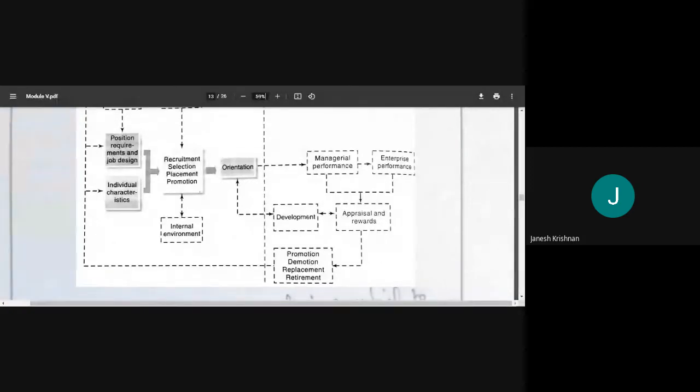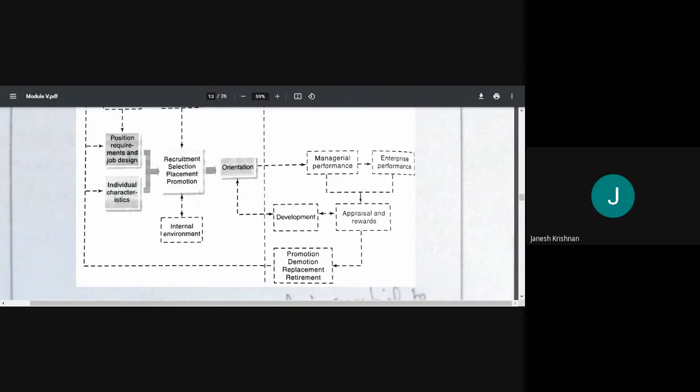Whenever we are choosing for a job, we need to consider the plan, the company's goal, and the company's long-term objectives. We'll have staff requirements, and based on staff requirements and the job to be done, we'll have the characteristics needed in the person. So these will be input.